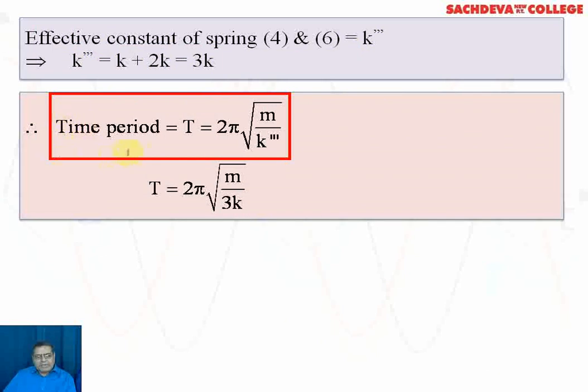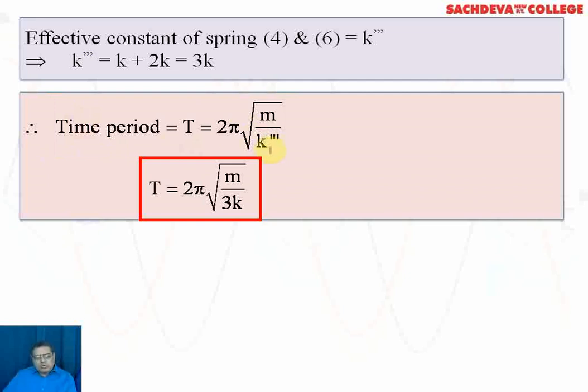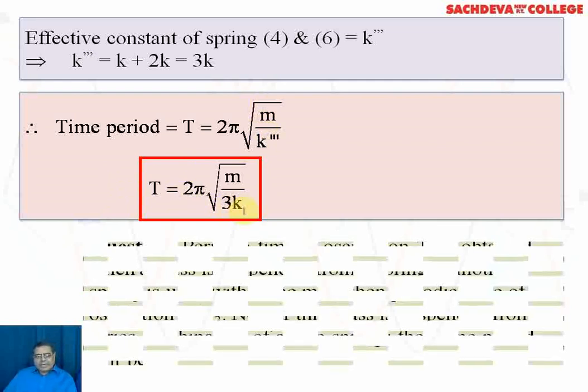So time period is 2 pi under root m over k triple dash, and k triple dash has the value 3k. So the final equation will become T is equal to 2 pi under root m over 3k.